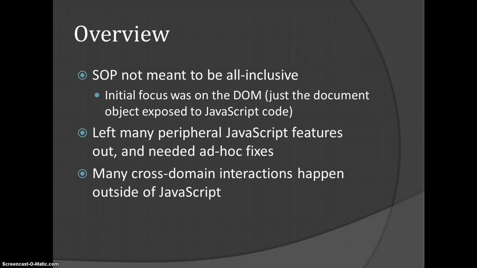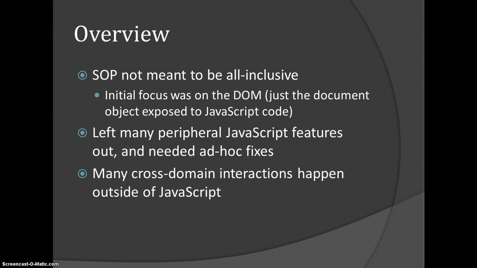Initially, the focus was on the DOM, or the document object model, which is the document that's exposed to JavaScript. But even then, it left a lot of the peripheral features of JavaScript out. I'm sure there were a lot of new JavaScript features that came in after the policy was implemented that it did not cover. That led, like most things on the web, to a lot of ad hoc fixes.